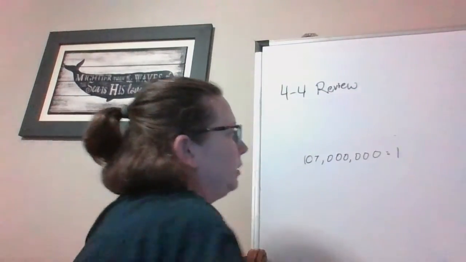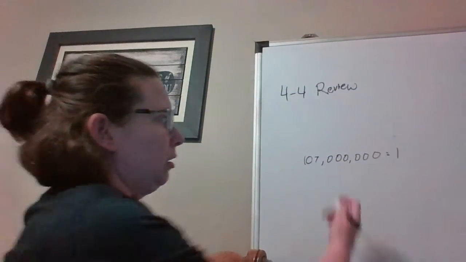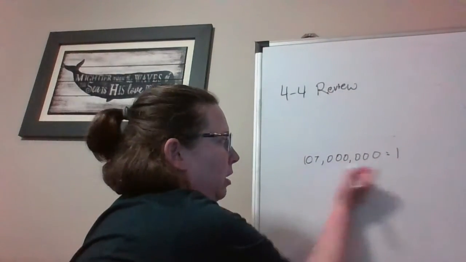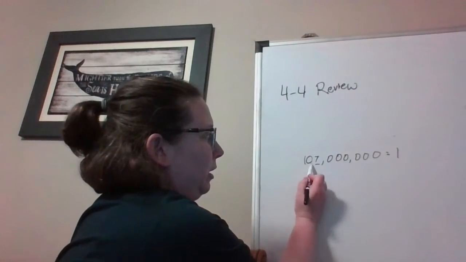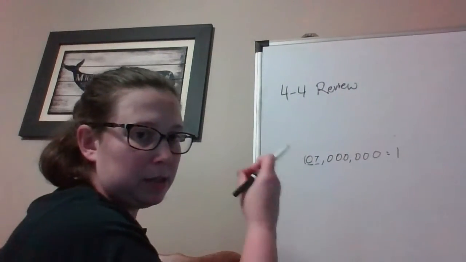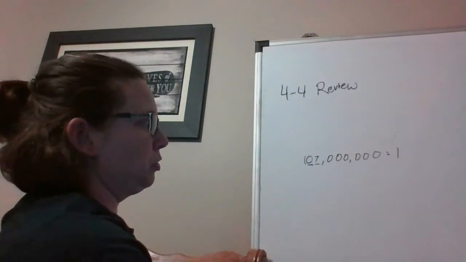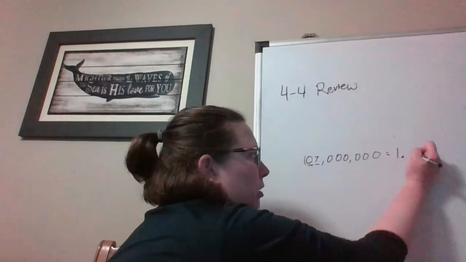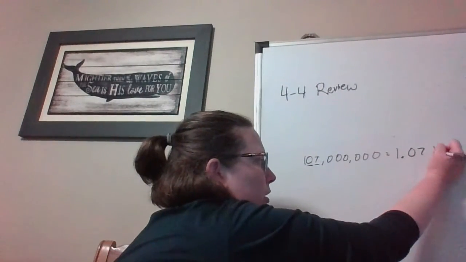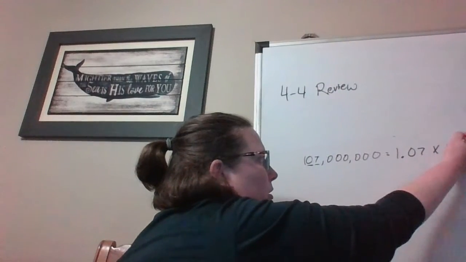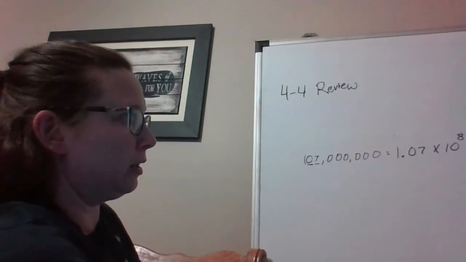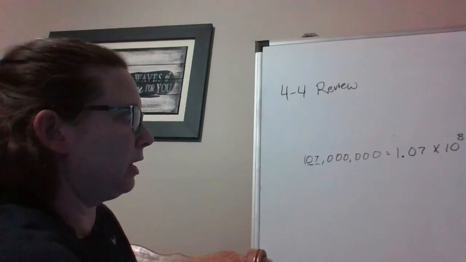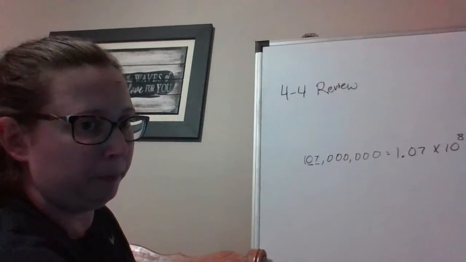What I don't need are these zeros after, but I need the 7 and I also need this 0 because it tells me what place that 7 should be in. So if this was our standard form number, its scientific notation would look like this: 1.07 times 10 to the 8th power.